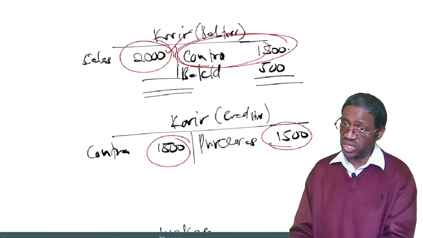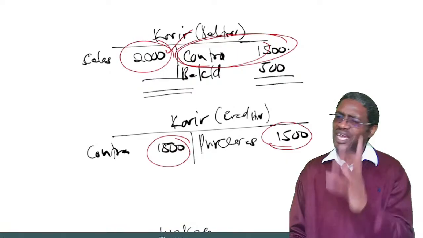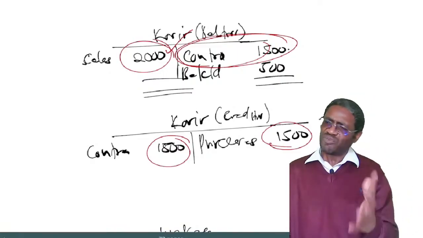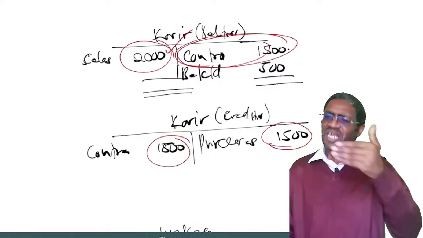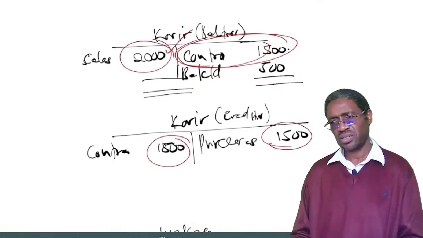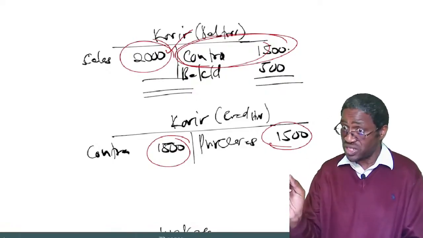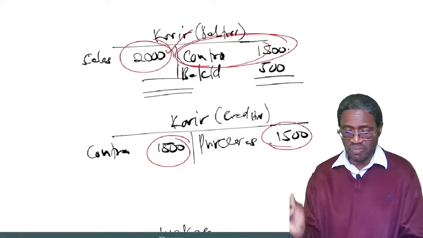We credited Coril as a creditor. We debited Coril as a debtor. Then I told you, we don't have to wait for Coril to pay me 2,000, then I give him back 1,500. No. What do we do? Offset. So how did you offset? By transferring the account with a smaller balance to the account with a bigger balance.